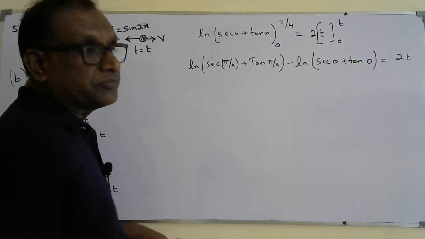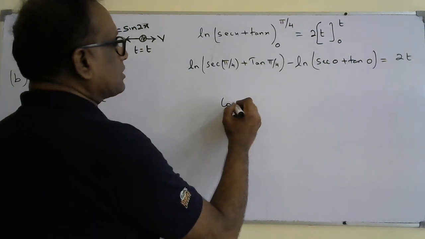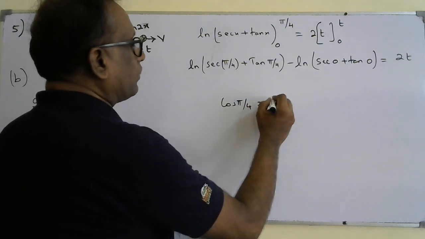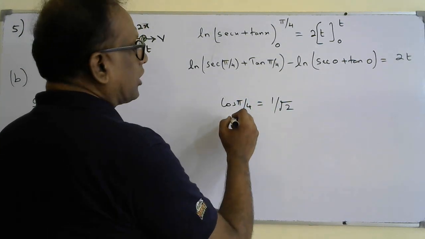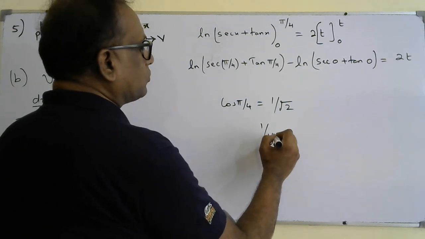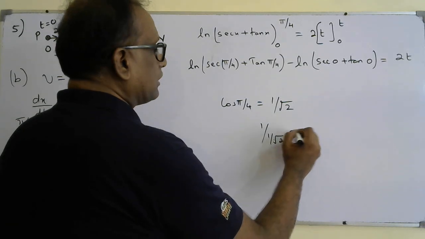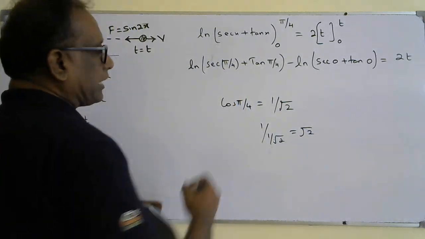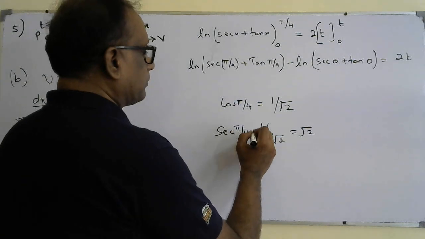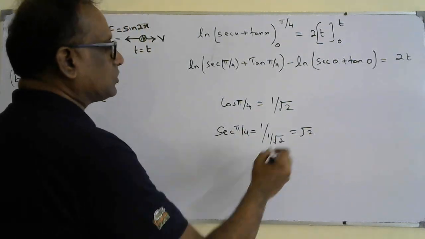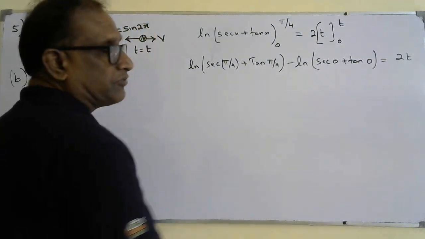So you know that cos pi by 4, that is cos 45 degrees, equals 1 over root 2. Sec means 1 over cos, so sec pi by 4 is 1 over 1 over root 2, that is equal to root 2. Then tan pi by 4, that is tan 45, equals 1.